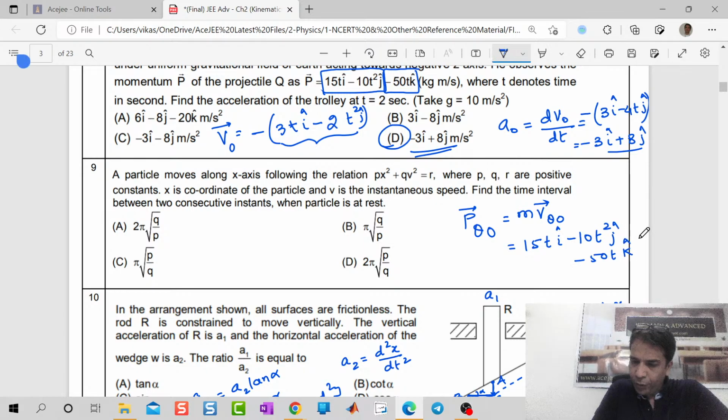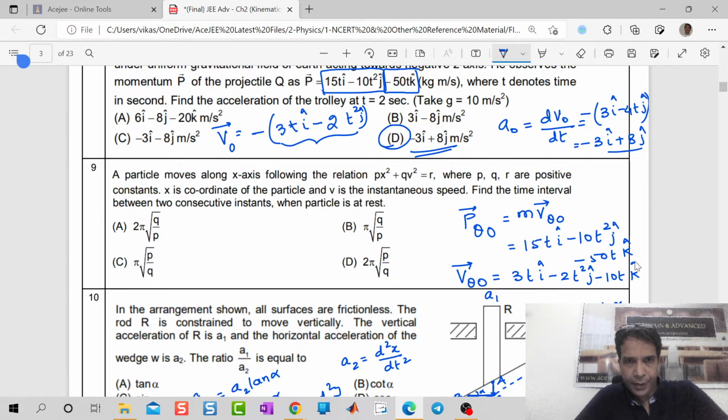And what is momentum? mv, where m is 5. So if you divide that by mass m, what do we get? The relative velocity of projectile q with respect to observer O is 3t I cap minus 2t square j cap minus 10t k cap. Correct, Peter?